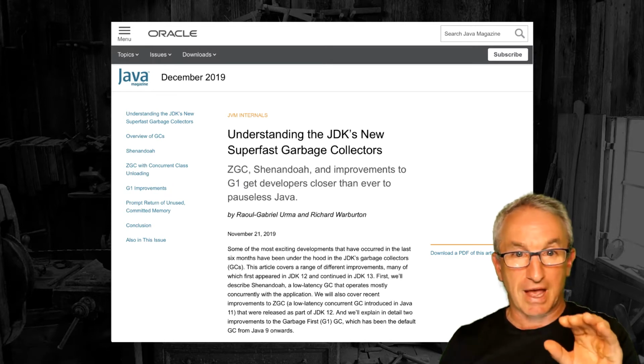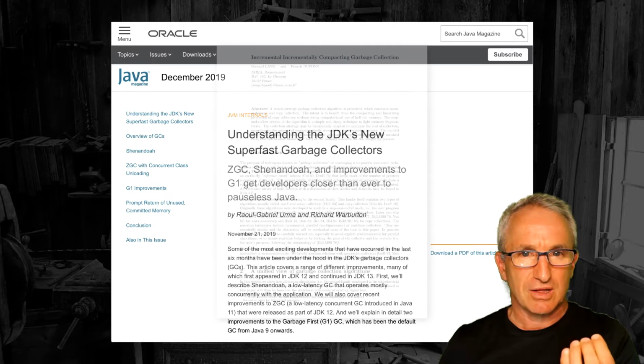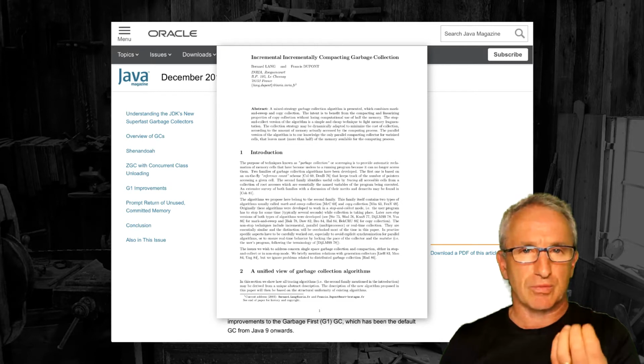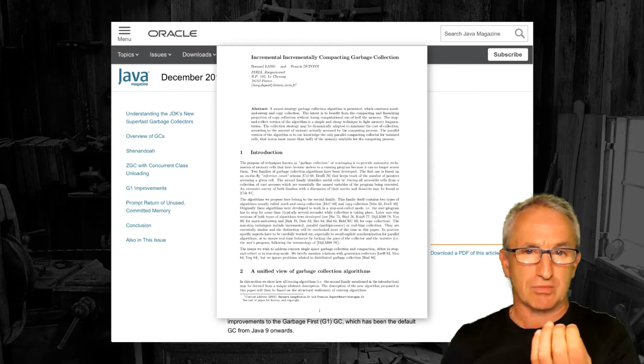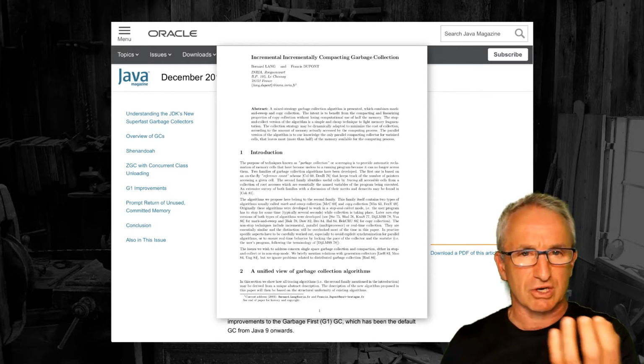Not only that, they have their roots in some key ideas that go all the way back to Lang and Dupont, which is the algorithm to which the G1 algorithm owes its heritage. So there are some fundamental ideas here which actually haven't changed very much over time.